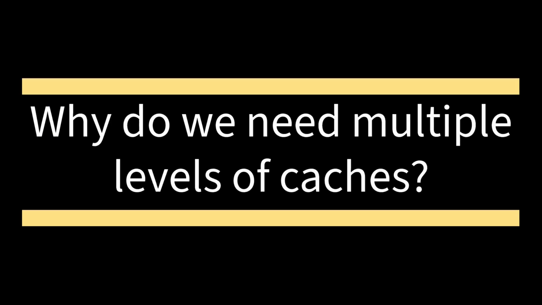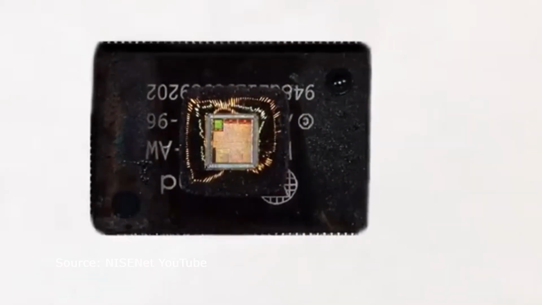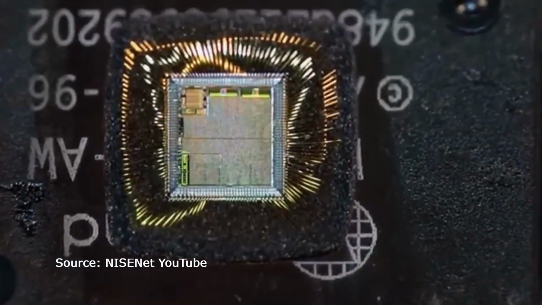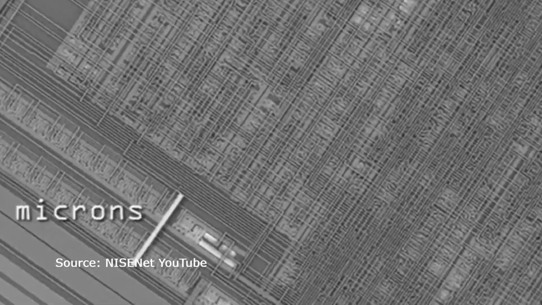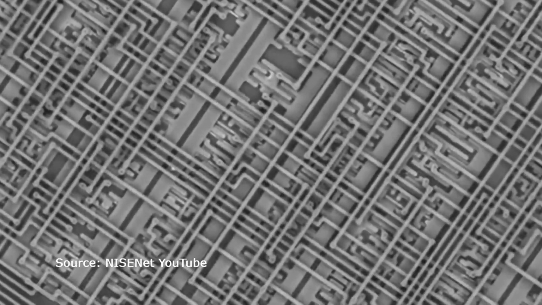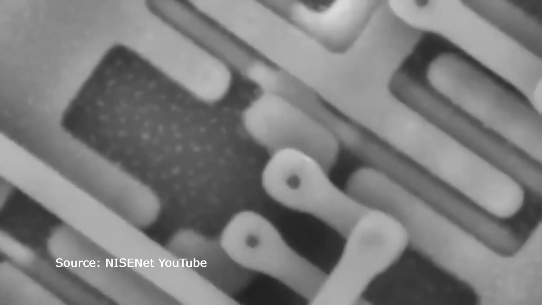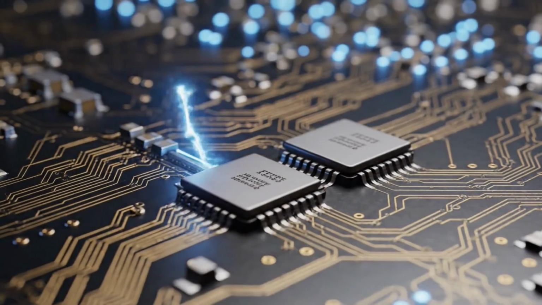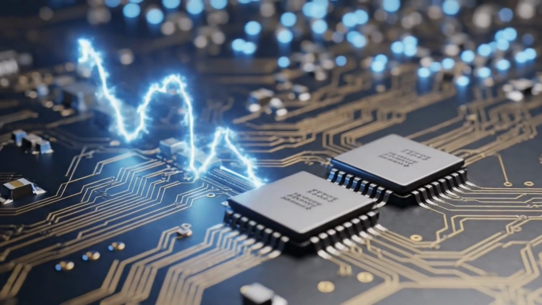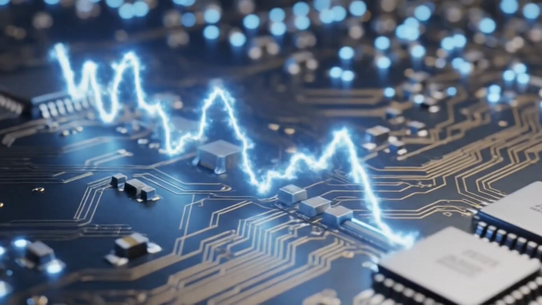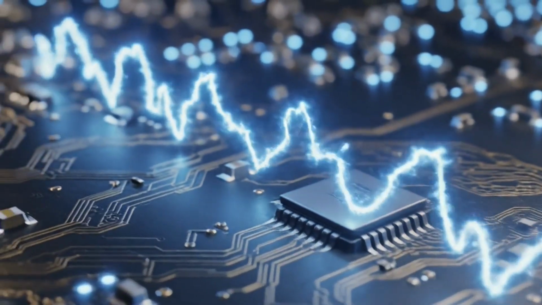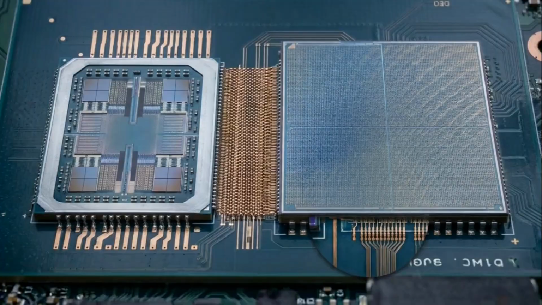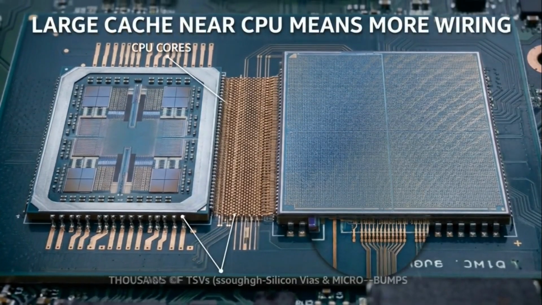Why do we need multiple levels then? We need cache hierarchy because we are fundamentally constrained by the physical relationship between size and speed on the die. Each cache bit requires transistors and communication speed degrades with distance due to substrate impedance and complex quantum phenomena, creating a trade off where larger caches must be positioned farther from processing units like the memory management unit and arithmetic and logic unit.